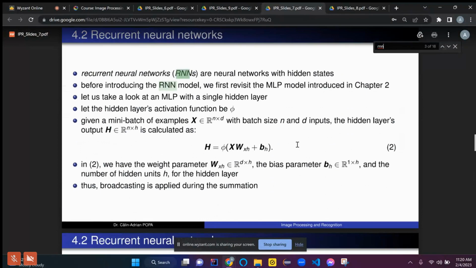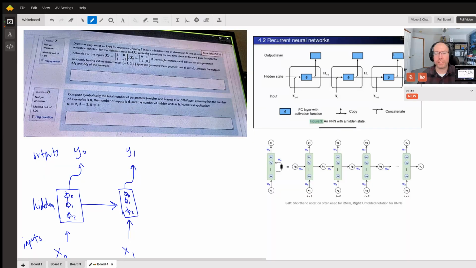It's a little bit weird because that makes sense for a single recurrent unit.